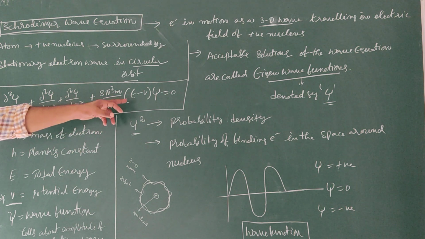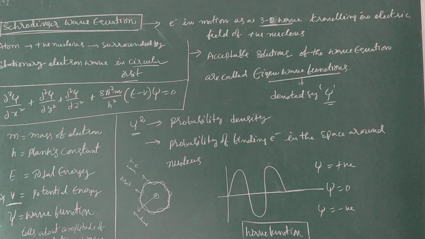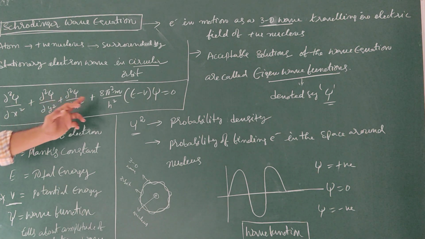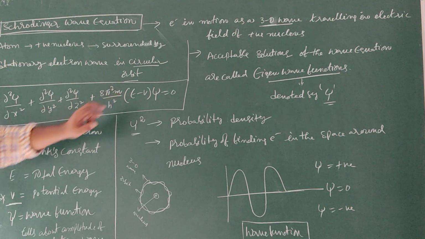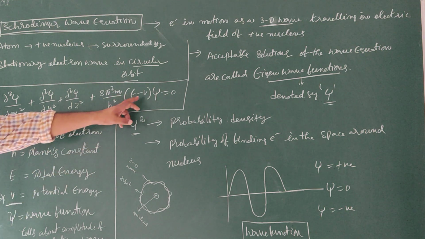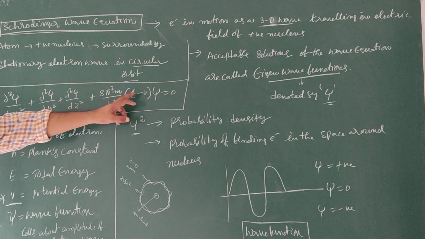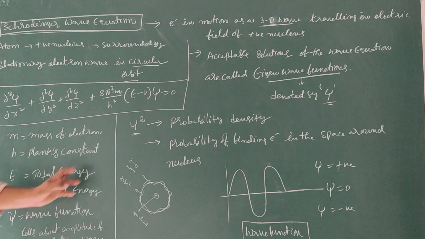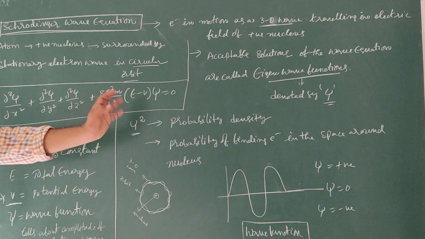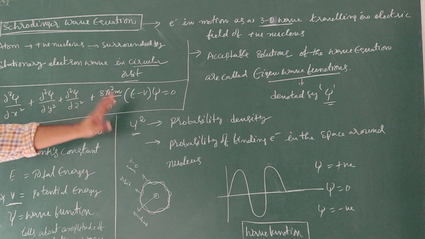Here m is the mass of the electron, h is Planck's constant, E is the total energy, and V is the potential energy. Please take care: V is potential energy, not velocity.